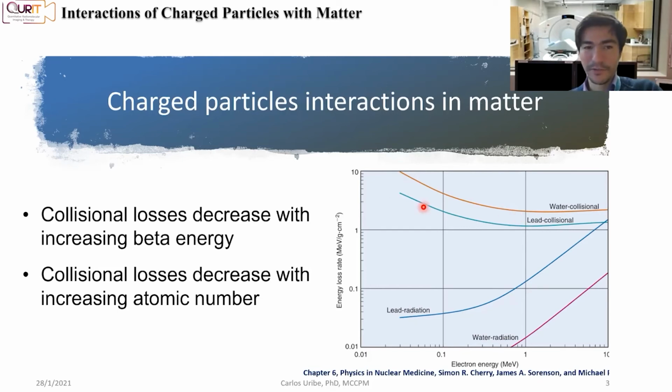They also decrease with increasing atomic number. So we have water, and when we go to a heavier element such as lead, those collisional losses go down. Then it more or less reverses. As the energy goes up, the contribution of radiative effects starts to go up. And the heavier the element, the higher the contribution of radiative processes.